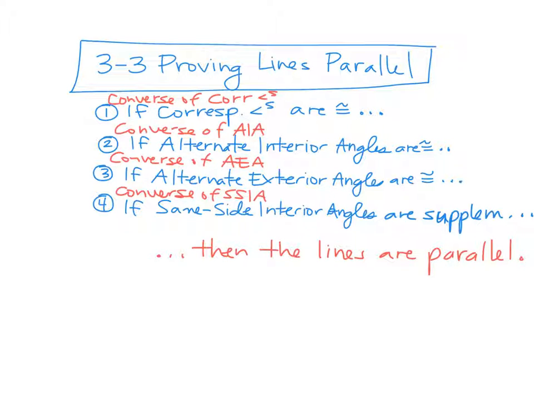So very similar to what we did yesterday, but at the same time still very different. If you're trying to prove lines are parallel, you have to say converse of whichever one, okay? If you're trying to prove angles congruent or supplementary, then use the original, all right?